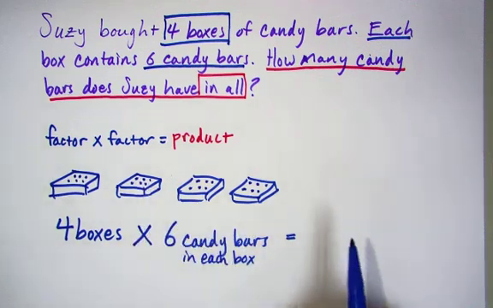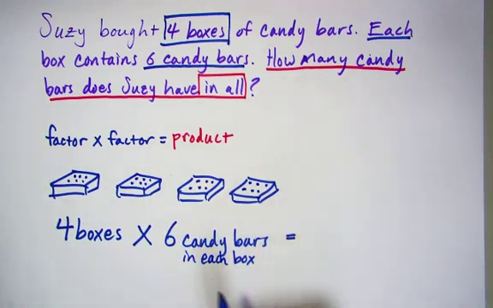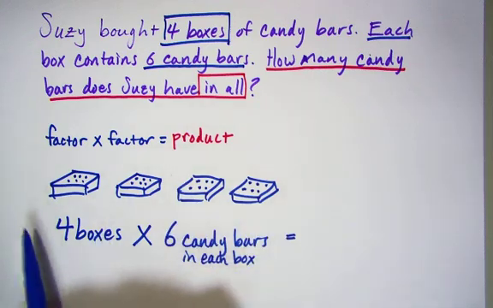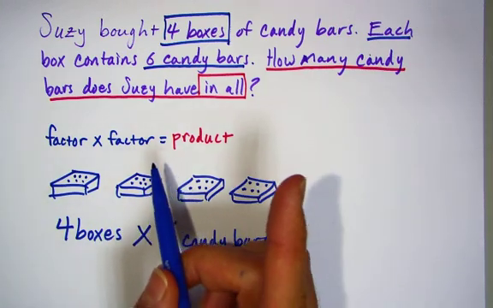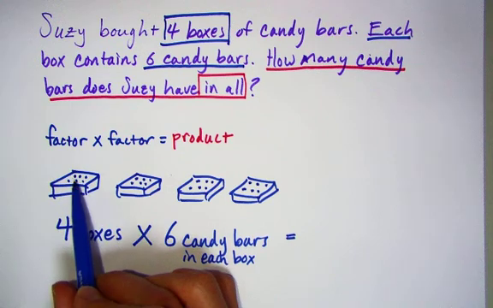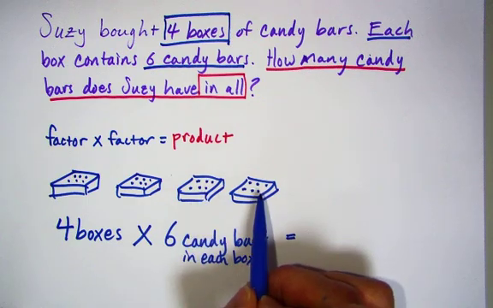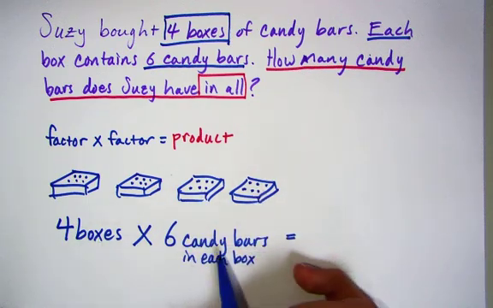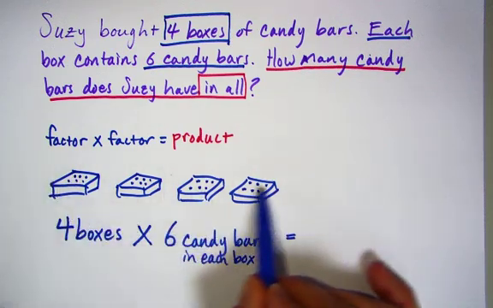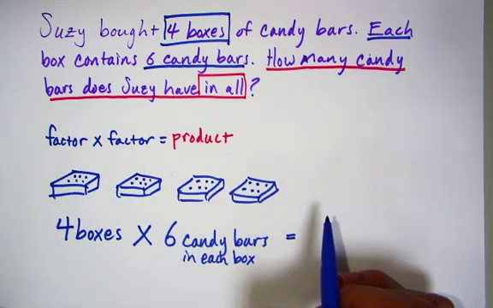Oh, it takes so long. You know what I'm going to do? I'm going to write an addition sentence because look at this. I have 6 candy bars right here, 6 candy bars right here, 6 candy bars. I can write an addition sentence that represents my problem right here.